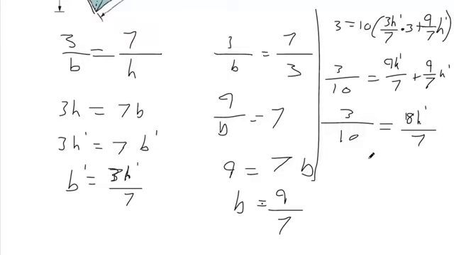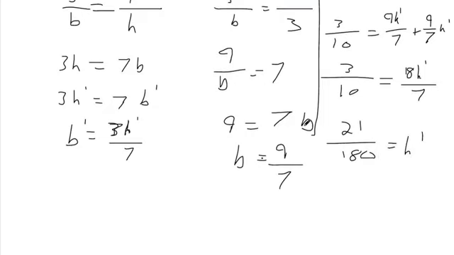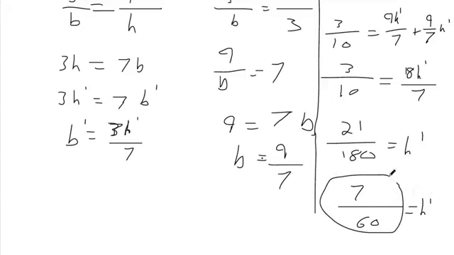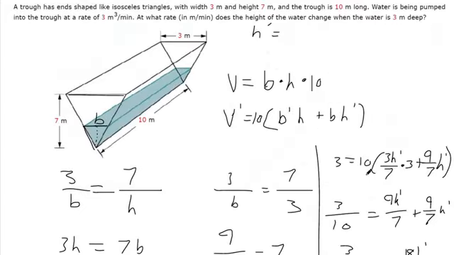And so I want to multiply 7 over 18 to both sides. So that's 21 over 180 equals h prime. And then we can simplify that fraction. I think I did that right. So the height is increasing at 7/60ths of a meter per second, or per minute, I should say.